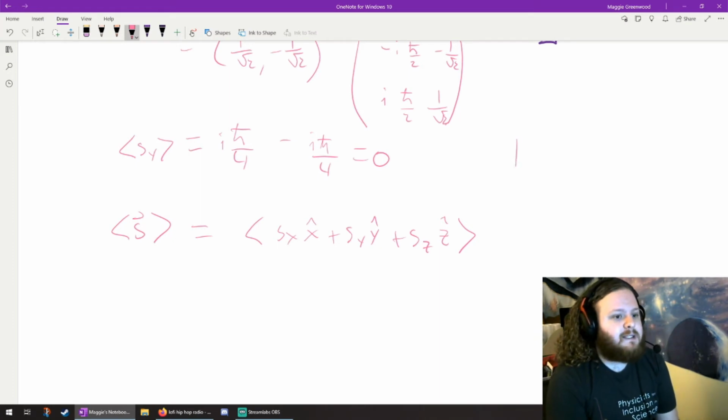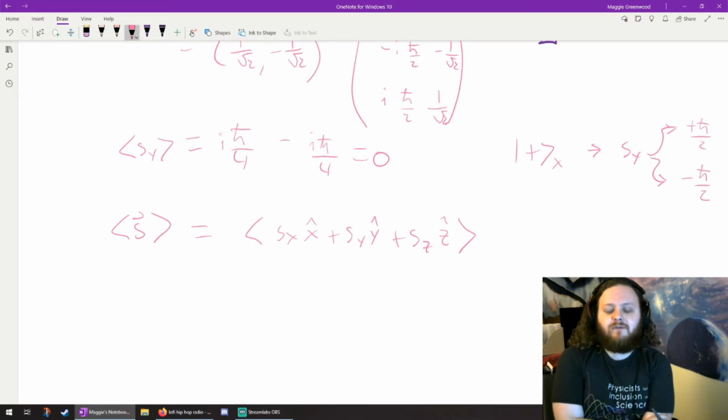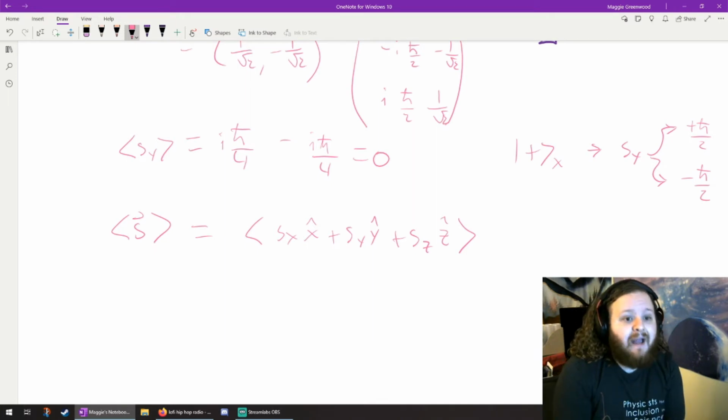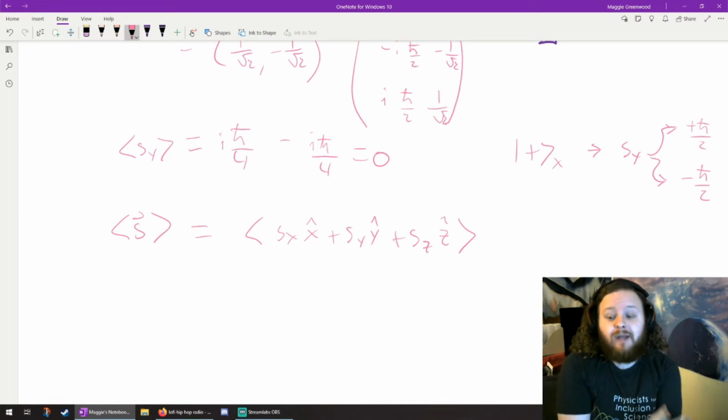So if I have a state plus x, and I measure the y component of angular momentum, I have possible outcomes plus h bar over 2 or minus h bar over 2. I wouldn't necessarily say that I have half a chance of plus y and half a chance of minus y, but I have half a chance of getting h bar over 2 and half a chance of getting minus h bar over 2. And if I take the weighted average of those weighted by the probabilities, I'm going to get 0. Did I do justice to that response?